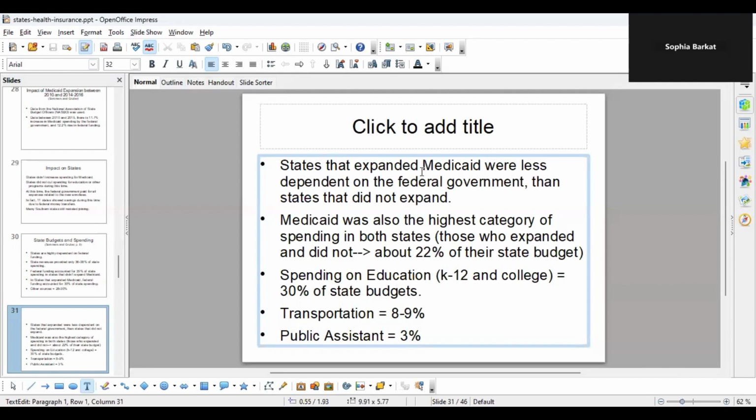Whether they expanded Medicaid in 2014, 2016 or not, they already had Medicaid from the 1960s, and they had decided, or based on their population, they figured they had to spend a certain amount, and they did not change that percentage. It was roughly about 22% on average for states.